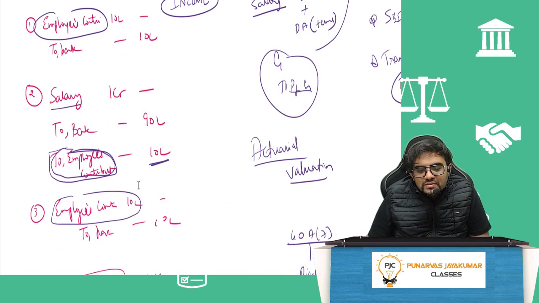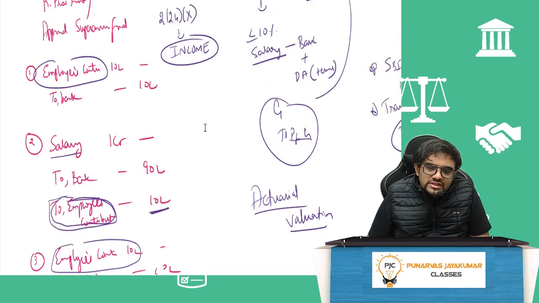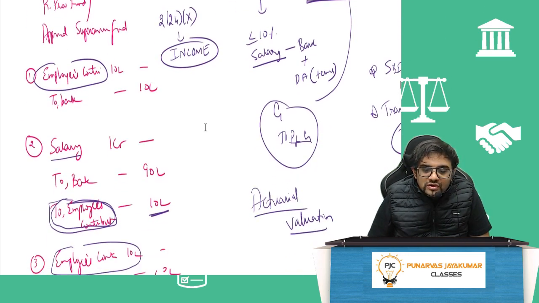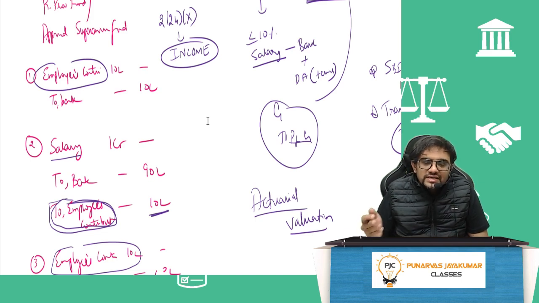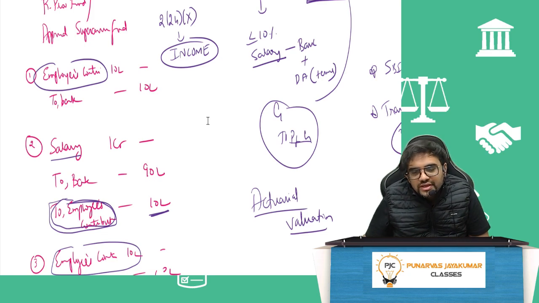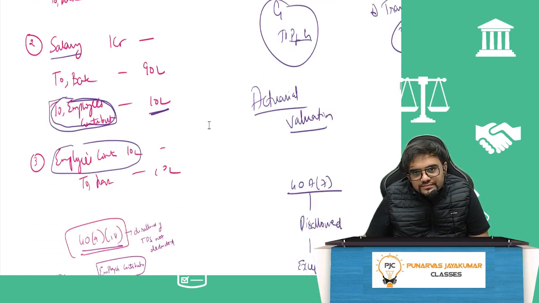Because eventually it will be given to the bank. Right? So basically they are trying to tell that employer's contribution 10 lakh is fully allowed. As far as employee's contribution, an equal amount they will deduct, right? So anyway, when I am debiting the full salary of 1 crore, I will show the employee's contribution as an income. So basically guys, 90 lakh is salary, 10 lakh is employee's contribution expense, 10 lakh is employee's contribution income. That's what they're trying to tell.